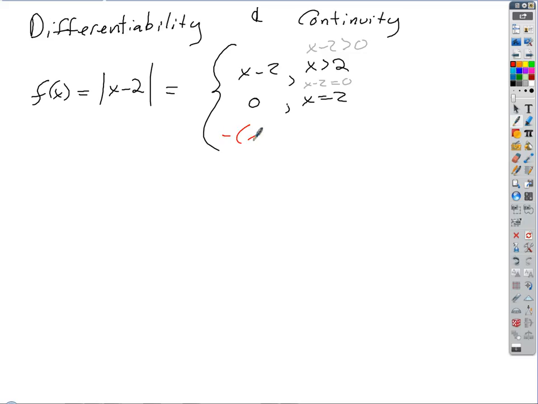So we get negative the quantity x minus 2 whenever x minus 2 is less than 0, which we can more easily write as x is less than 2, right? Okay, makes sense?